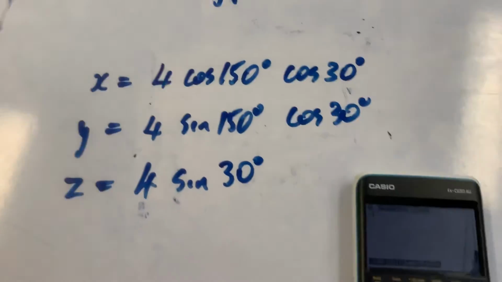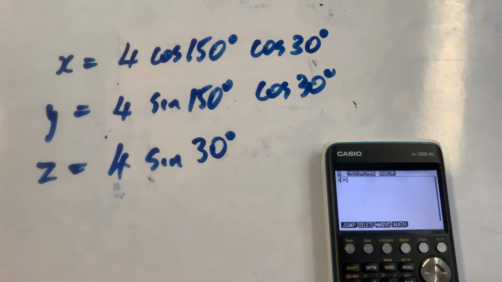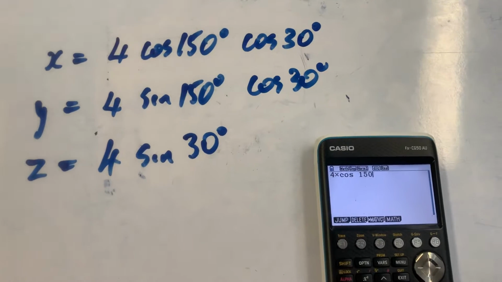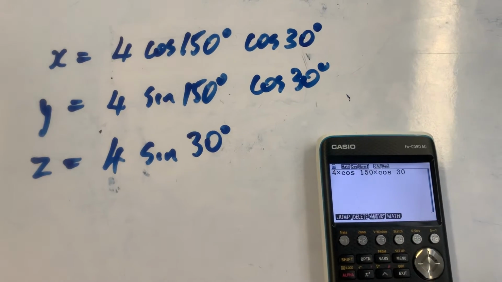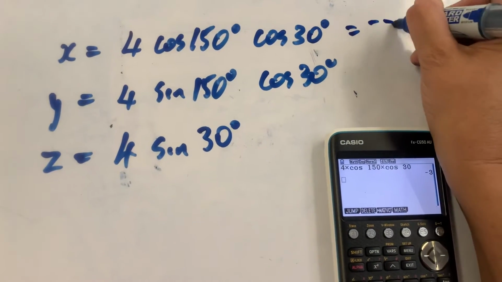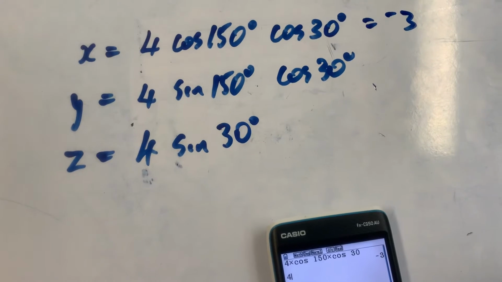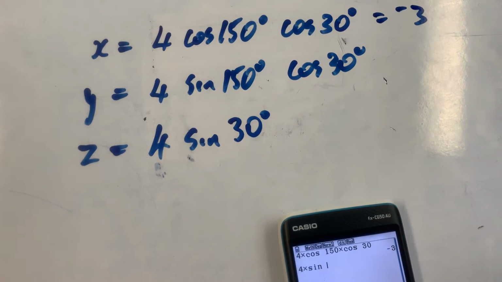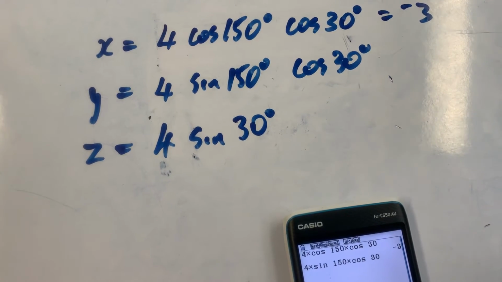So on my calculator, I'm just going to go 4 times cos 150 times cos 30. Of course, I could do this tech-free because these are nice, easy angles for me to do, but I'm just going to use my calculator. Times cos 30.